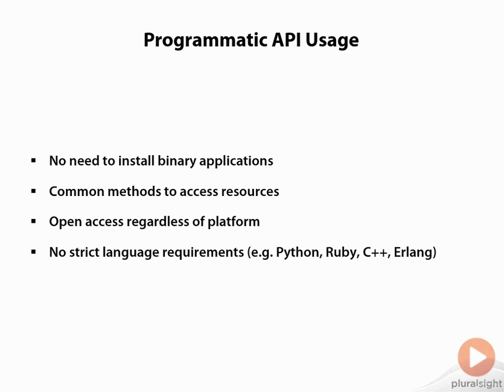It's a completely open environment, regardless of the platform now, because the API itself is agnostic to what it's being consumed by. So there's no strict language requirements. We could run Python, Ruby, C++, Erlang, or any of a variety of different languages because we only have to consume the API in the way that it's available to us.